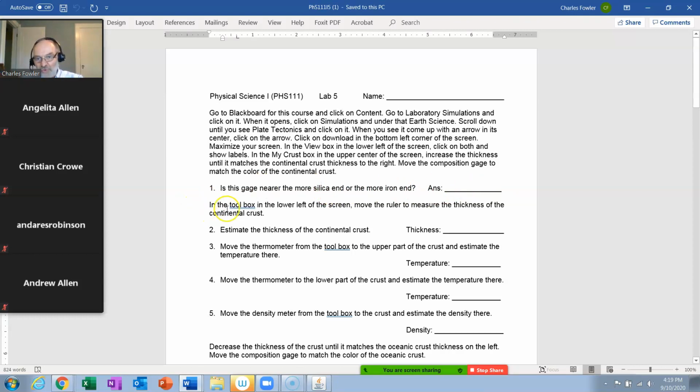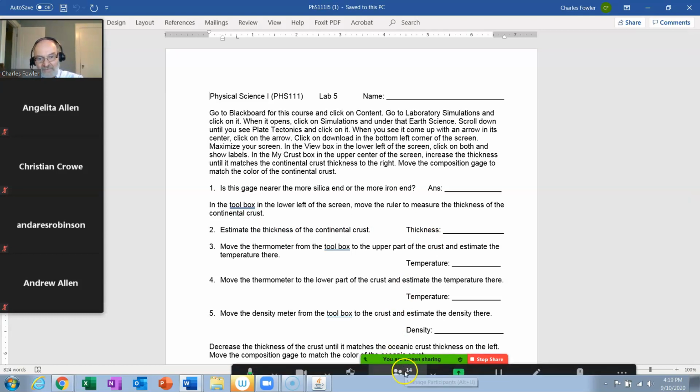Now it says in the toolbox, and we'll go back and find the toolbox, in the lower left of the screen, move the ruler to measure the thickness of the continental crust. Okay? And then we will estimate that thickness here. So that's what we fill in next.